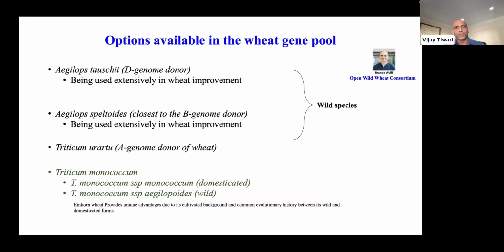So Brande Wulff's group at KAUST has done a phenomenal job in using Aegilops tauschii as a gene discovery model. On the contrary, Triticum monococcum, which is slightly different and evolved slightly differently from these three species, presents a very unique set of genetic variation, which is not much exploited in breeding programs. It contains two species, the wild and the domesticated one, and they have co-evolved in the same geoclimatic conditions.